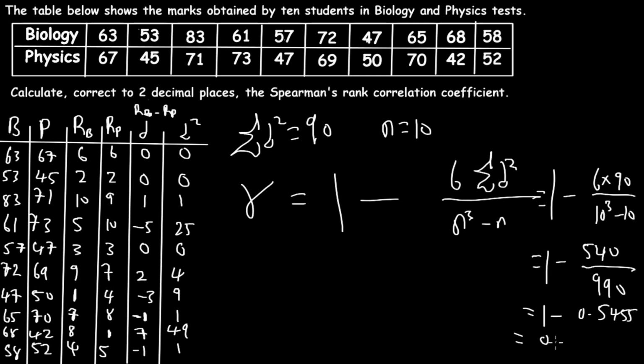So I got 0.4545. The question says we should leave our answer in 2 decimal places, so that should be 0.45. So the rank correlation is nothing but 0.45. So this is how you can easily find the Spearman's rank correlation coefficient given raw data.